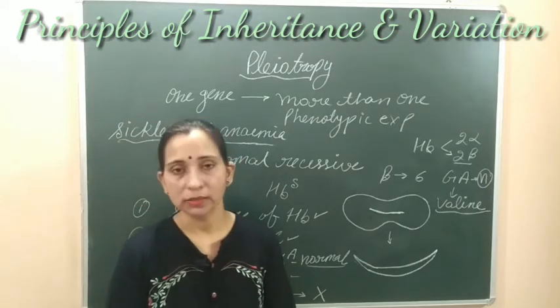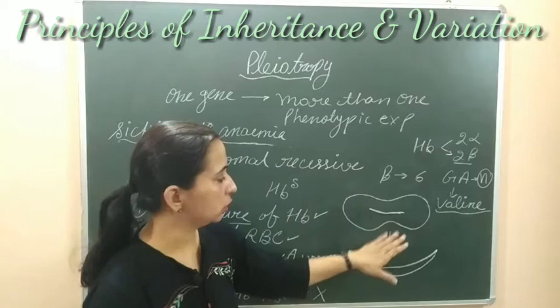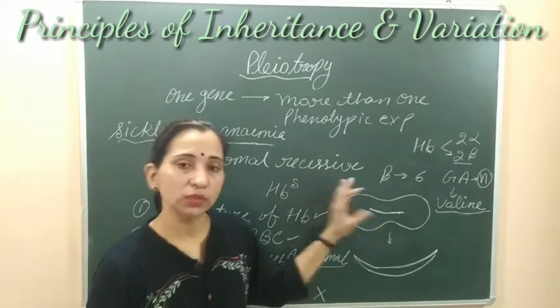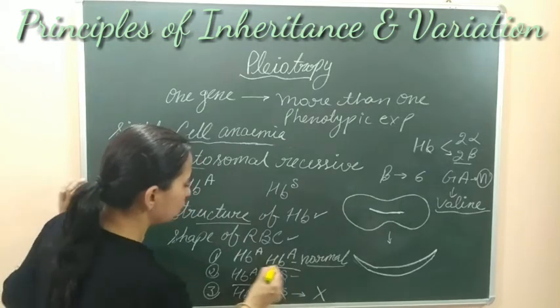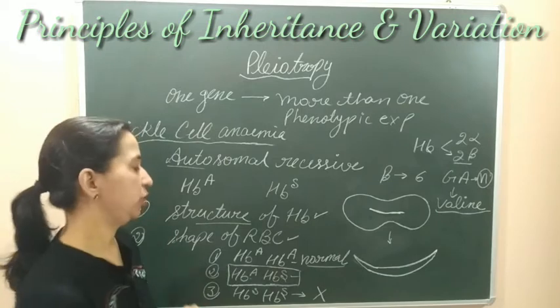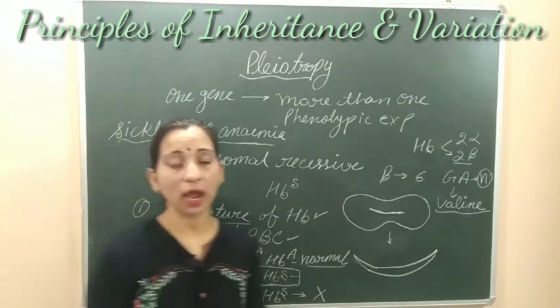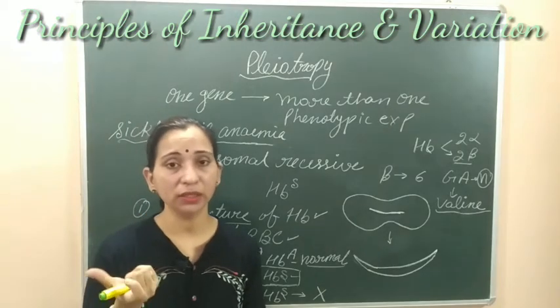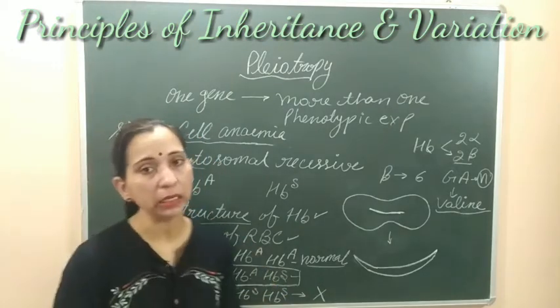The malaria parasite is not able to invade or cross these RBCs. That's why this type of organism which is heterozygous for the sickle cell condition is resistant to the malaria parasite. So this is a benefit given by nature for such a defective allelic condition.